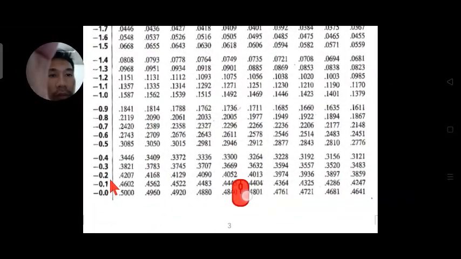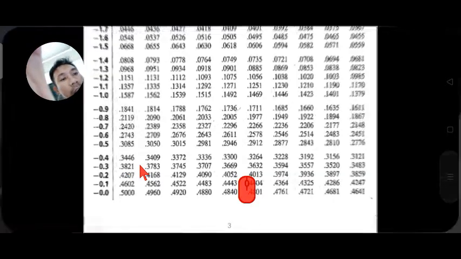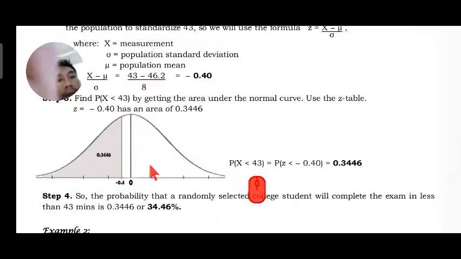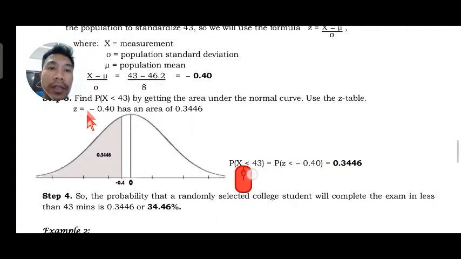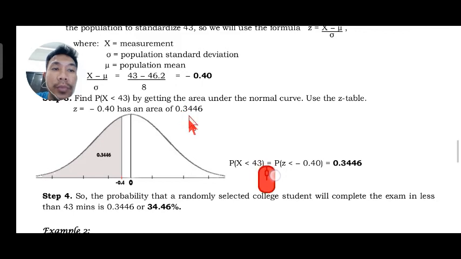Here, for 0.40, we have 0.3446. Okay, so we have here our z-score, which is negative 0.40, with an area of 0.3446.